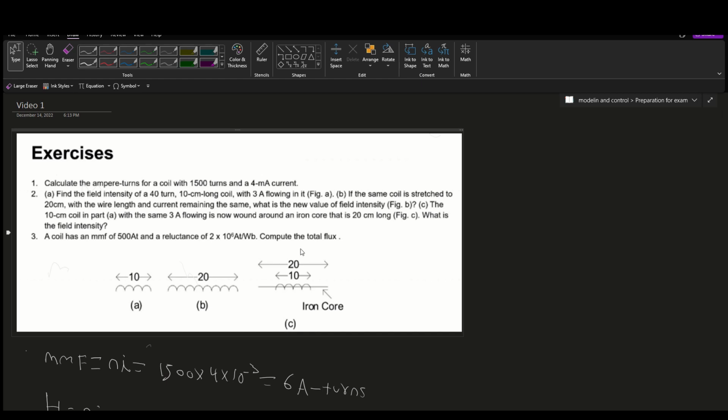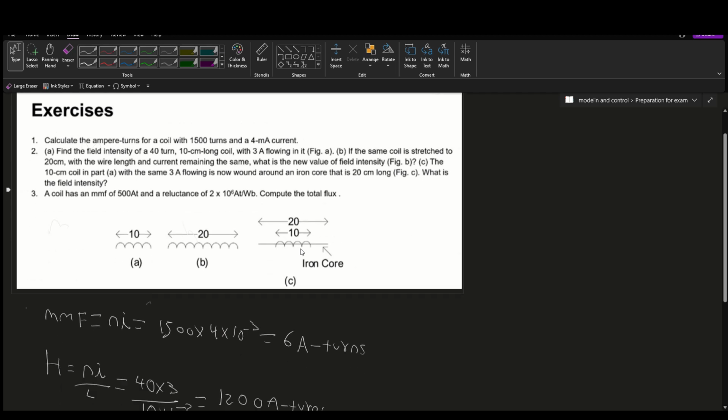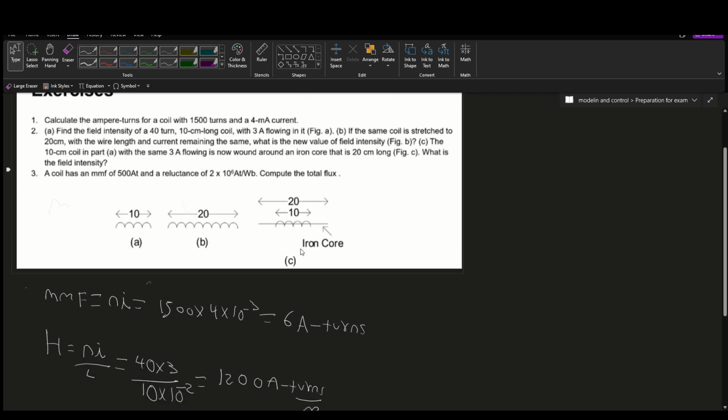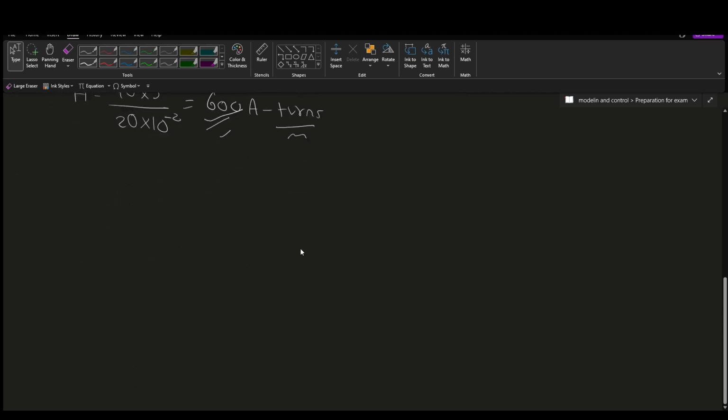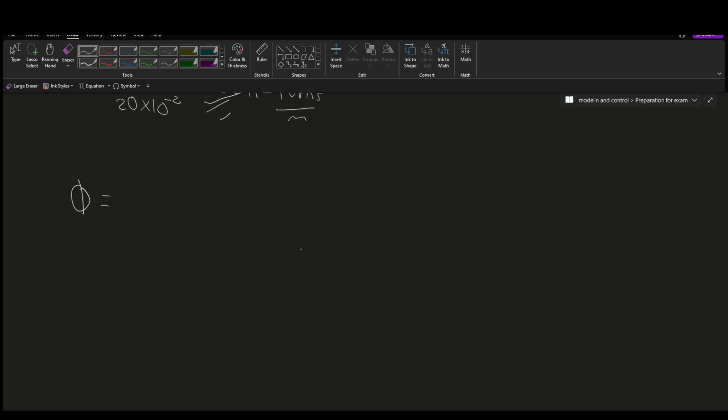Now for part 3, a coil has an MMF of 500 ampere turns and a reluctance of 2 times 10 to the power of 6. So for this one we need to get the flux, phi, and flux is given by the formula MMF over reluctance.